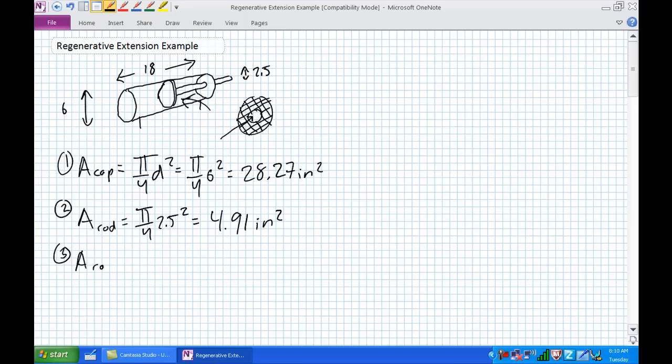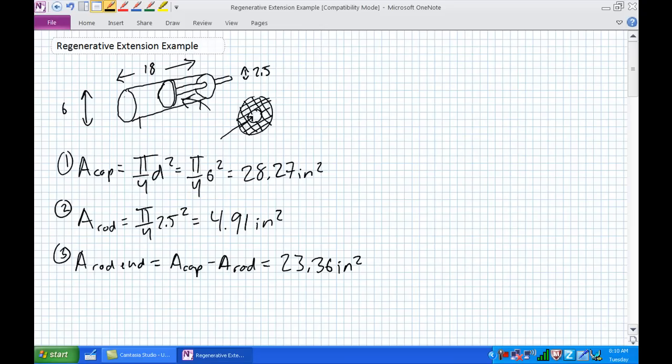So area of the rod end is going to be area of the cap minus area of the rod. So 28.27 minus 4.91, 23.36 inches squared.